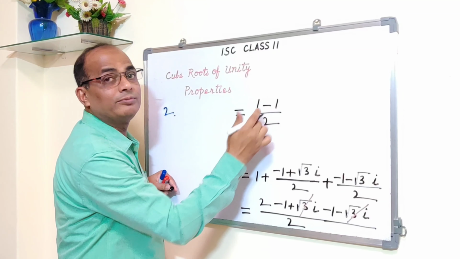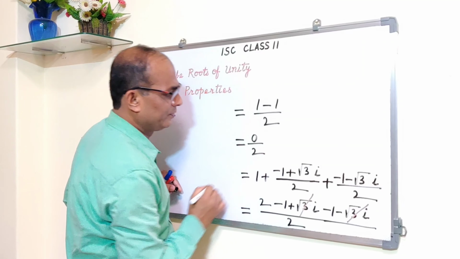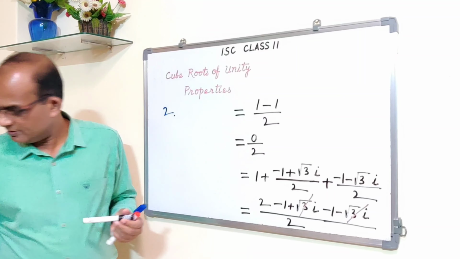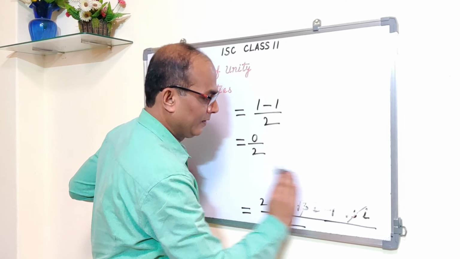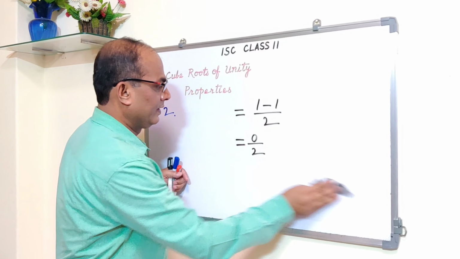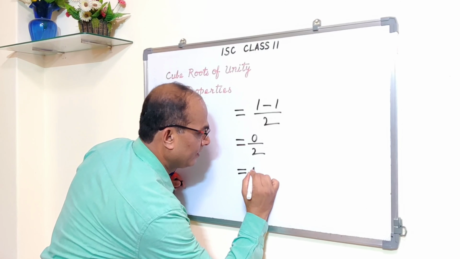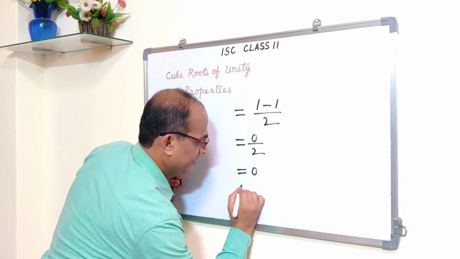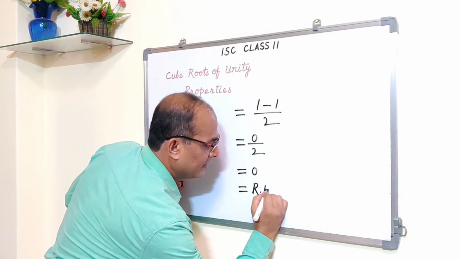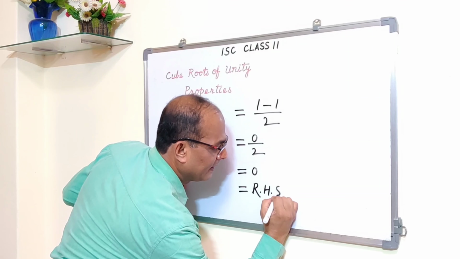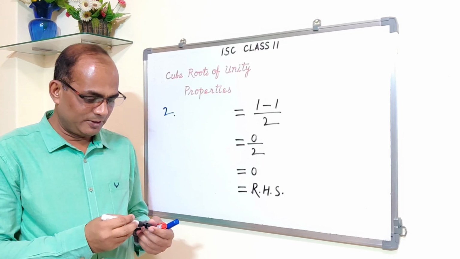Can I write down directly, because 1 minus 1 is 0? So 0 divided by 2, and that gives you 0. So this gives you 0. And this is right hand side. This is proved. That is the second property.